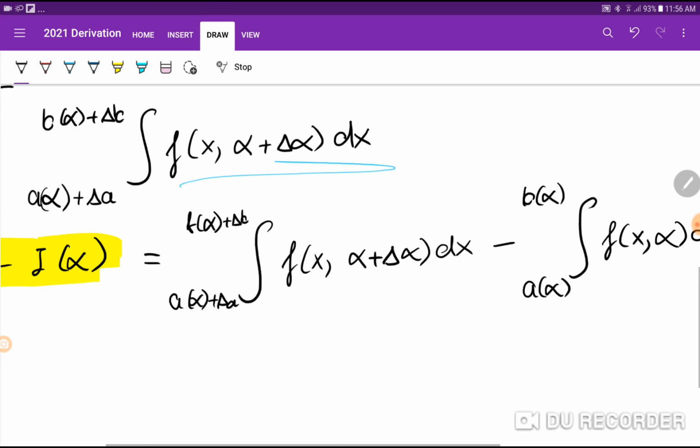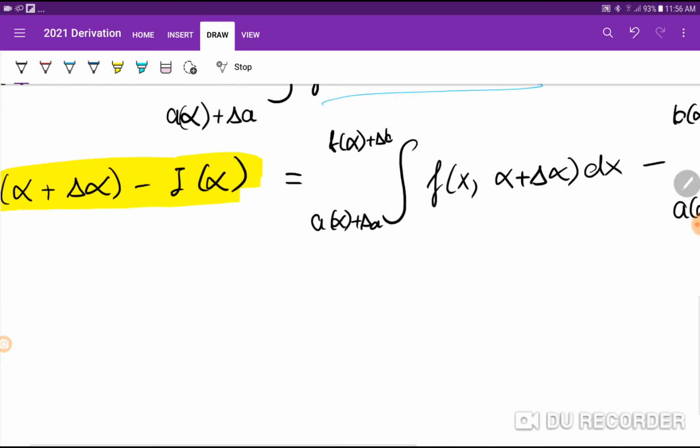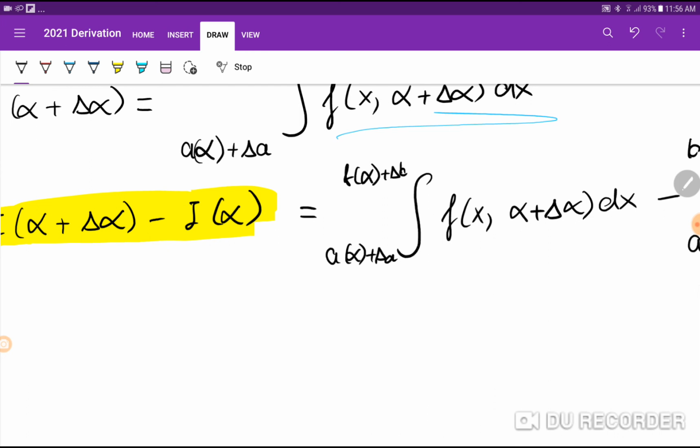Okay, now I'm gonna rewrite this term right here a little bit. I'm gonna add, subtract, distribute a little bit.